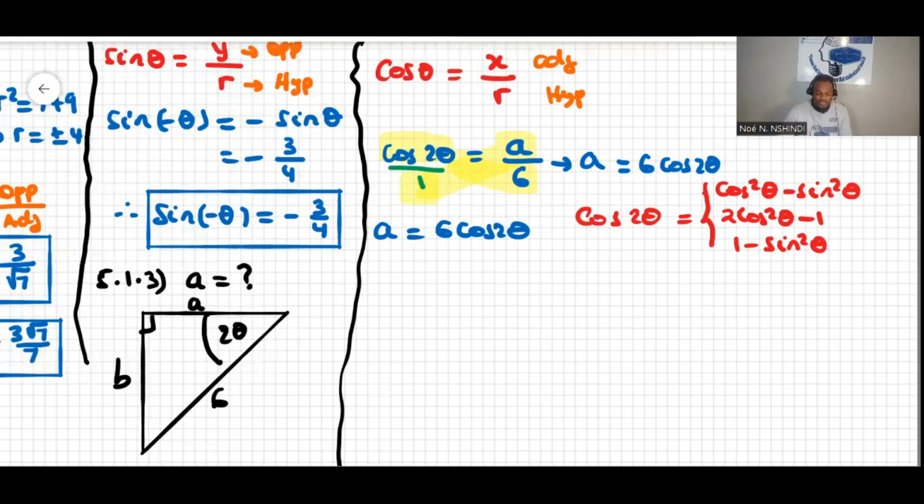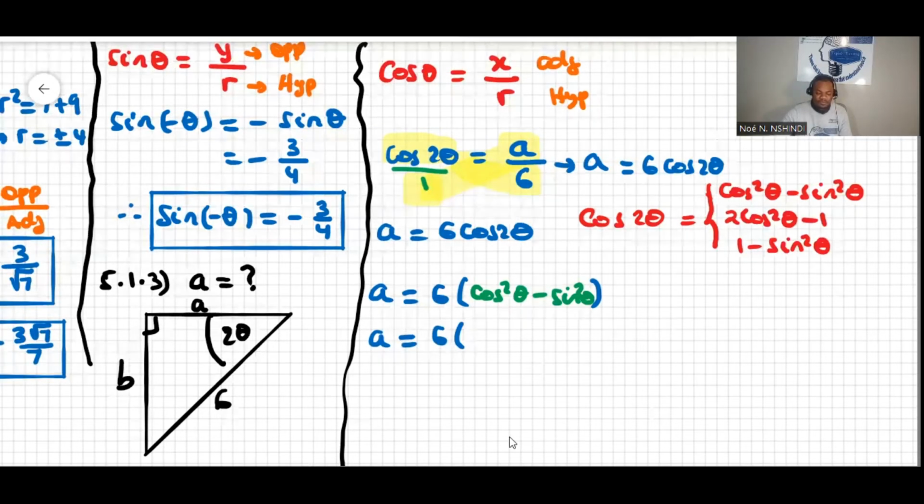Let's take the first one, for instance. A will be equal to 6, and instead of writing cos 2 theta, I substitute the value: cos squared theta minus sin squared theta. Then A will be equal to 6 times that. Previously, we worked out the value of theta.